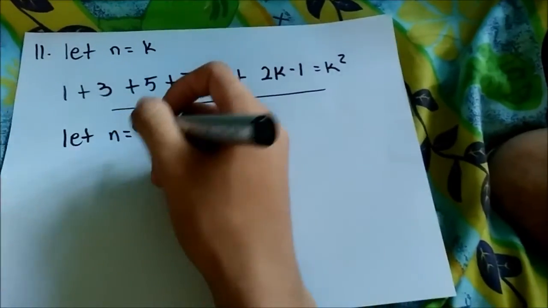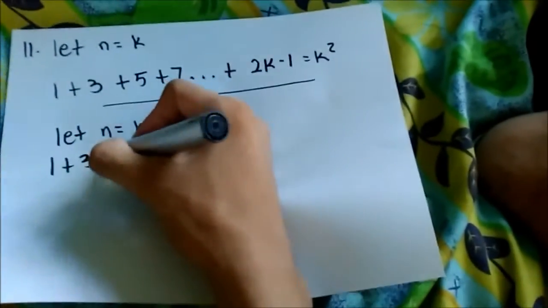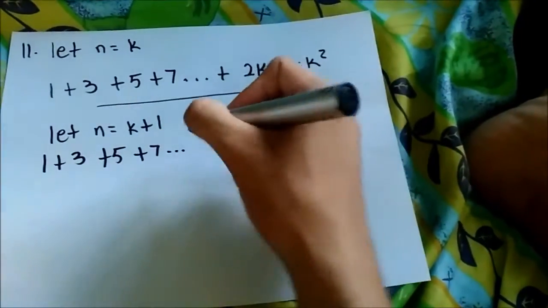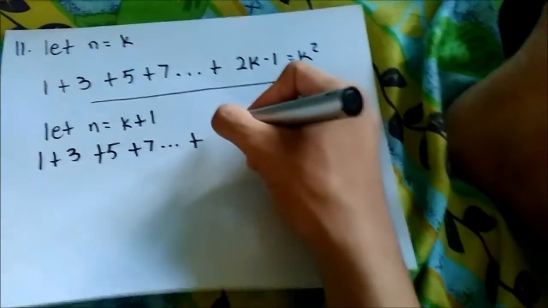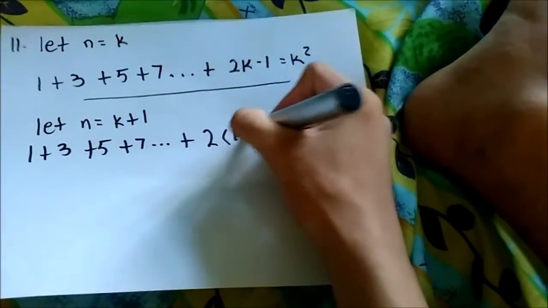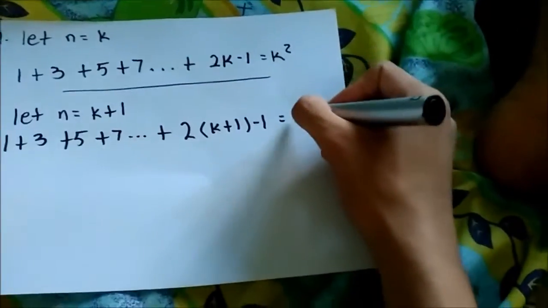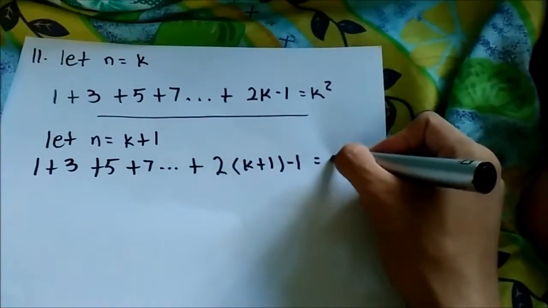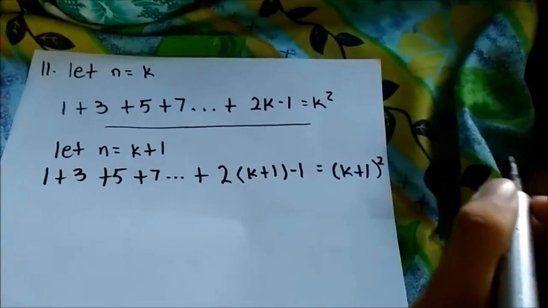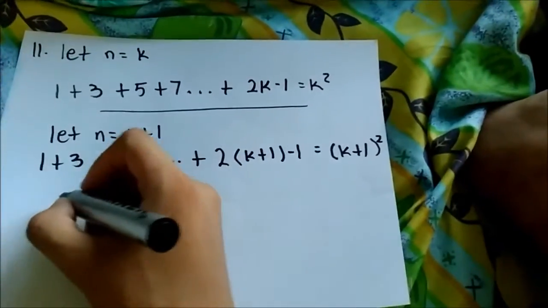So copy again the equation, the series rather. 1 plus 3 plus 5 plus 7. Then replace it, plus 2 times k plus 1 minus 1 is equal to k plus 1 squared. So the next step is you replace the 1 up to 2k minus 1 into k squared.